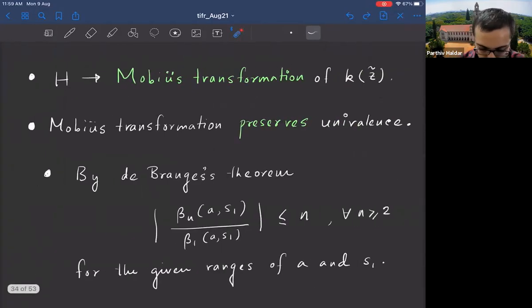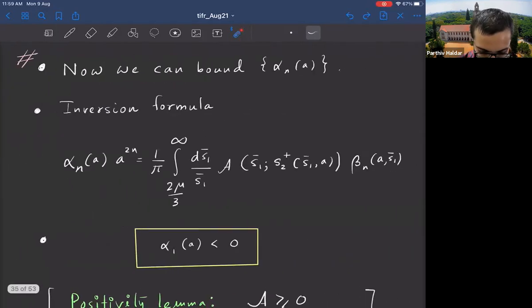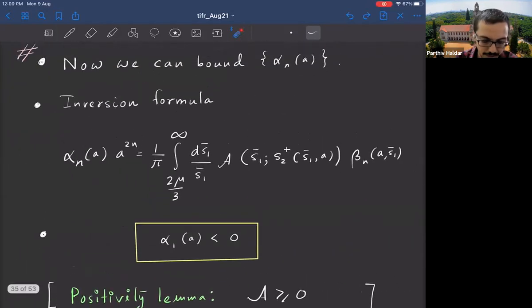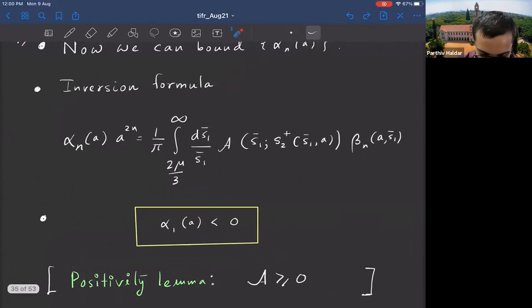Right. So the betas are bounded this way, and now you can bound alpha by exploiting the inversion formula. In the inversion formula, this absorptive part is positive, which we have shown before; that comes out of unitarity. The beta one is negative over the range.